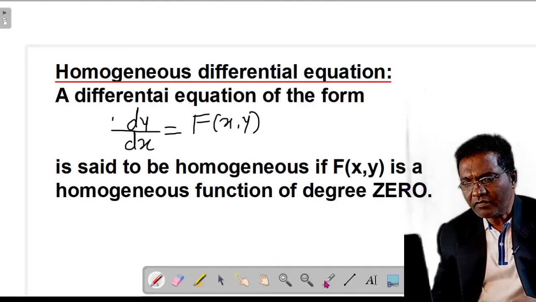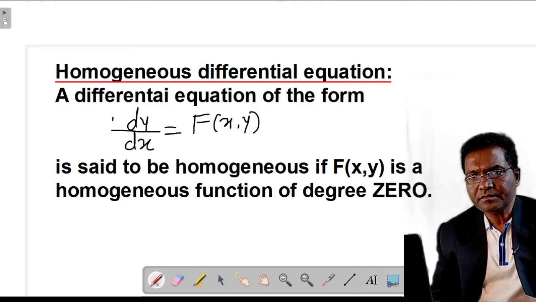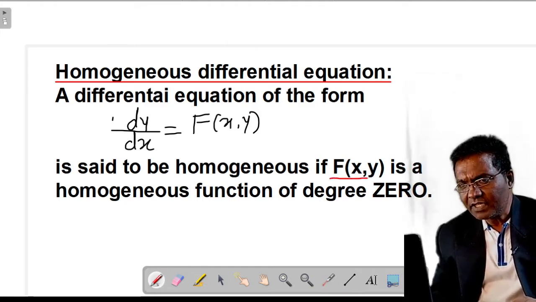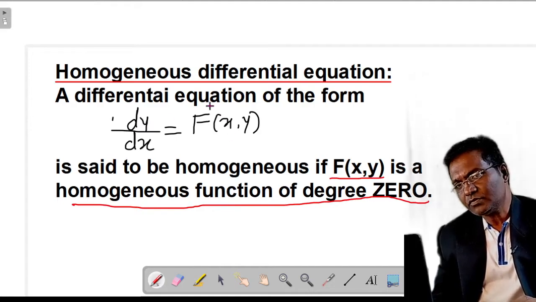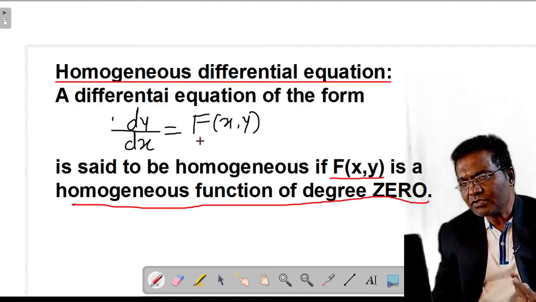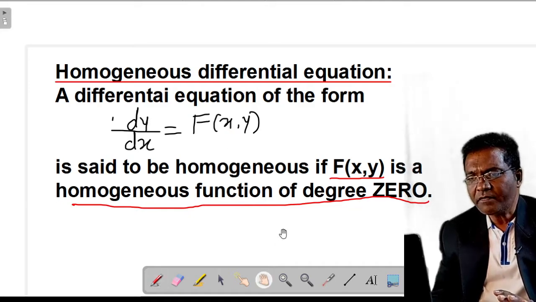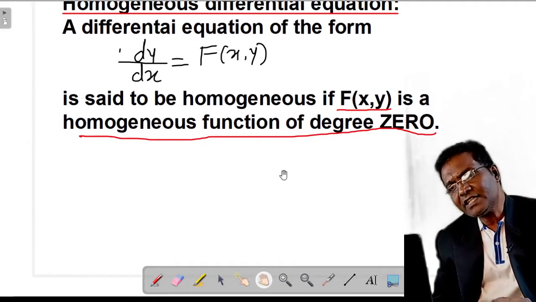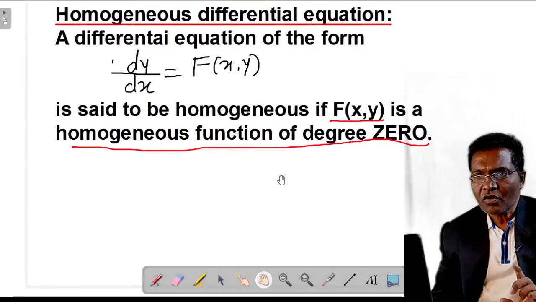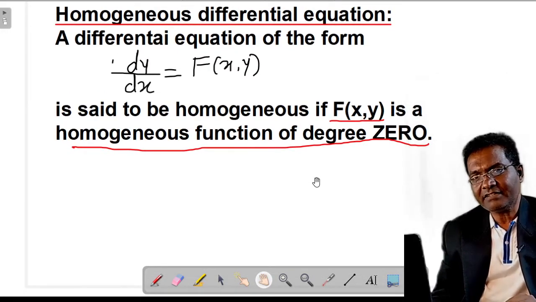Okay, f of xy must be a homogeneous function of degree 0. So if dy by dx is equal to f of xy and f of xy is a homogeneous function of degree 0, then such differential equations are called homogeneous differential equations.